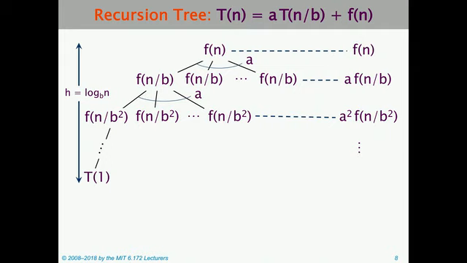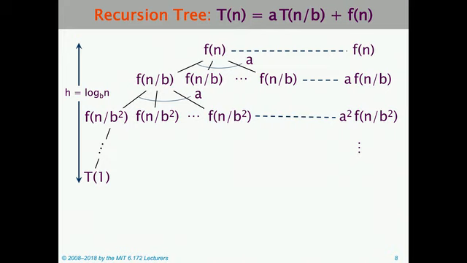Okay, so I get the height, and then I look at how many, if I've got t of 1 work at every leaf, how many leaves are there? And for this analysis, we're going to assume everything works out. Everything to n is a perfect power of b and so forth. So if I go down k levels, how many subproblems are there at k levels? A to the k. So how many levels am I going down?